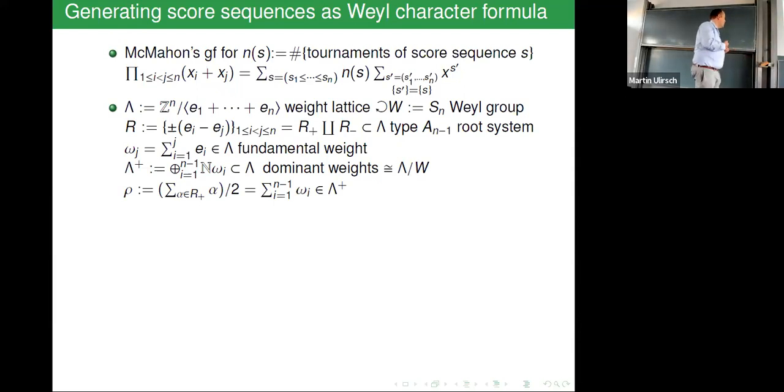Rho, which is half the sum of the positive roots, is equivalent to the sum of the fundamental weights. I am a newcomer to this, so I actually think in terms of fundamental weights. This is the representation corresponding to the vector one, which I believe is actually a very important representation, but surprisingly it hasn't been studied very extensively.